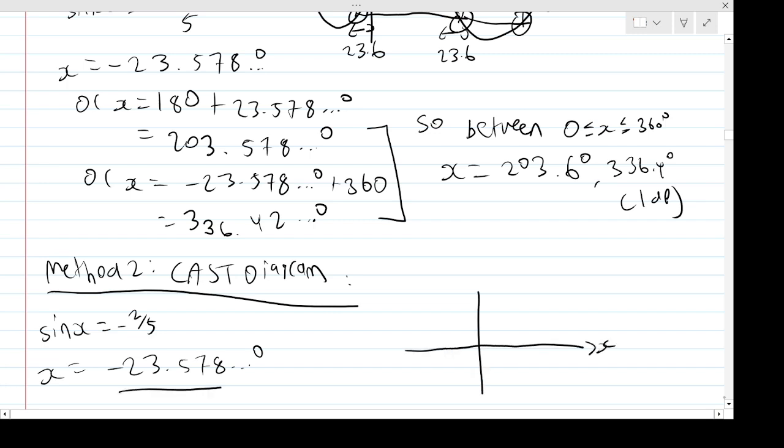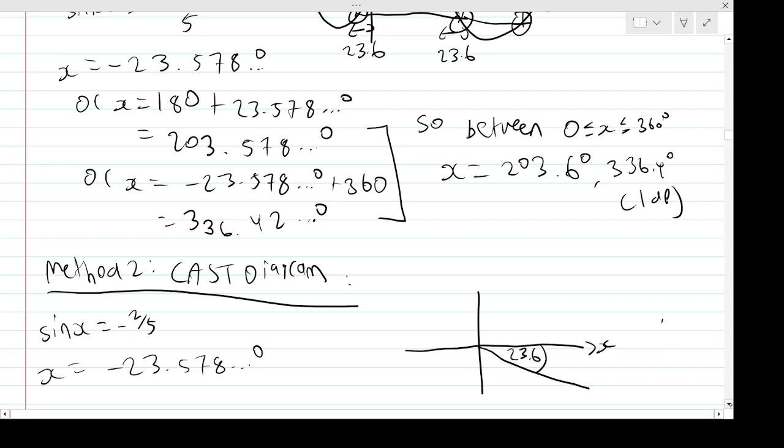So negative 23.578, the angle's negative. Remember, the positive direction we go that way, so we go the opposite way if it's negative. So we measure the angle that way instead. If we go 23 below, it would be about there, so that'd be like 23.6, say.